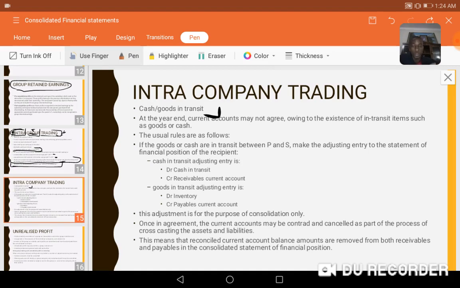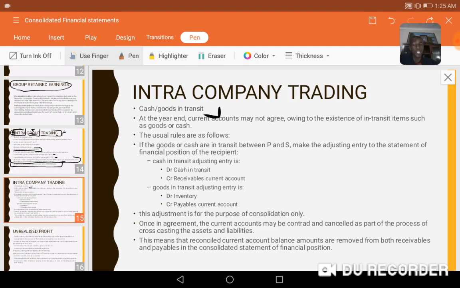But as long as the check is still in transit or it hasn't reached the premises, or it hasn't been receipted by the parent, the subsidiary will still appear as a receivable on the parent's accounts. Therefore, it will cause some imbalance, because the subsidiary will have released the check, but the check is still in transit by the end of the year. Or maybe they have made some transfer, but the transfer is still pending.